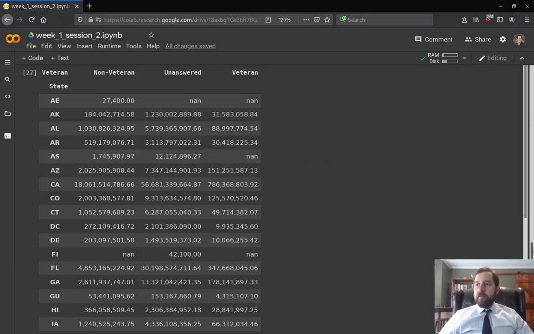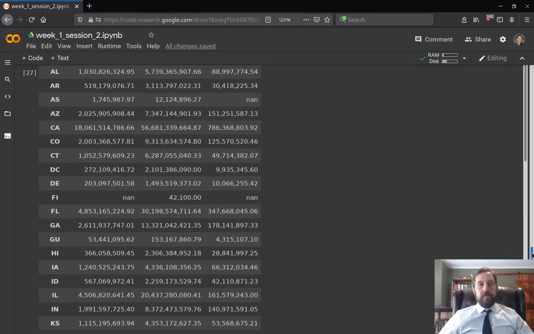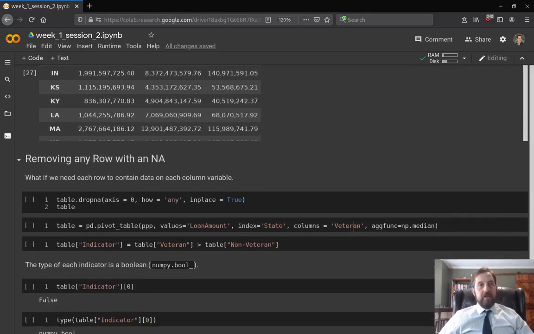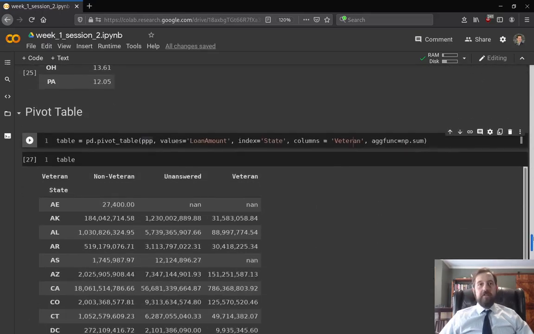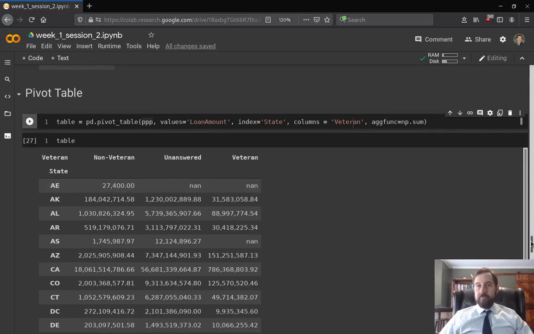So it's very common when dealing with a data set like this to immediately say, okay, I want only rows which have complete sets of data. The idea here is I only want to keep states where I have loans for veterans, non-veterans, and unanswered for each column.